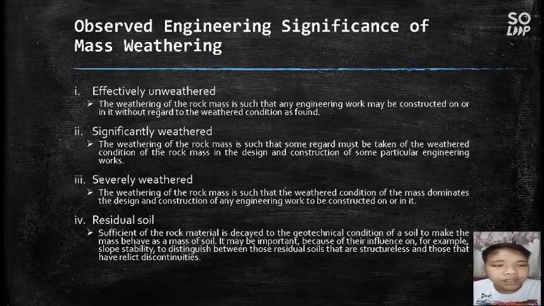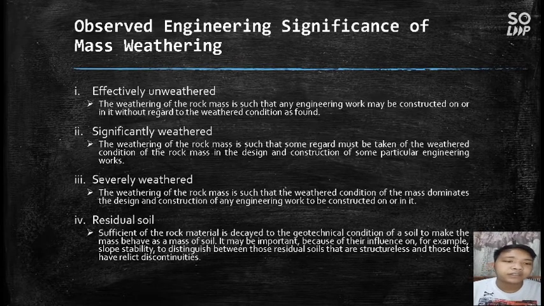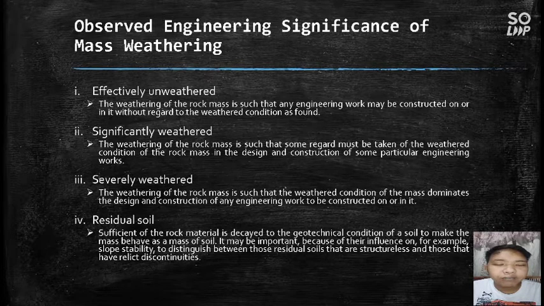Next is the observed weathering significance of mass weathering. First is effectively unweathered. Second, significantly weathered. Third, severely weathered. And fourth is the residual soil.